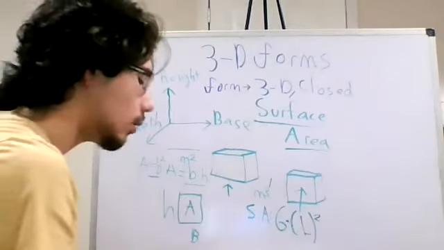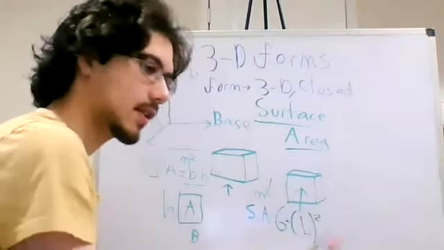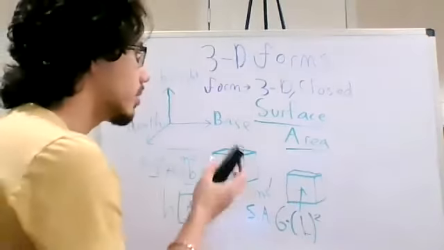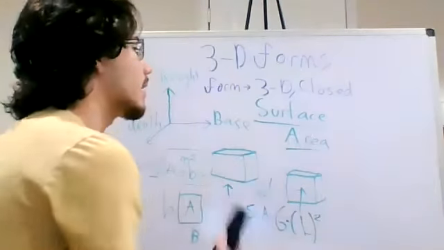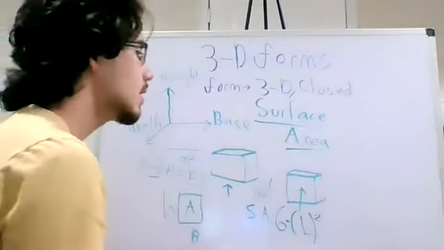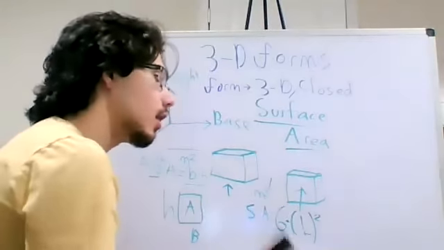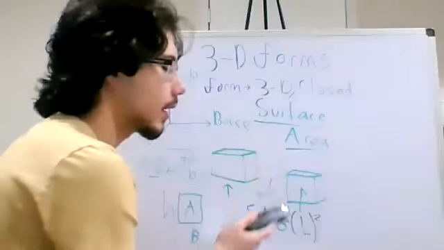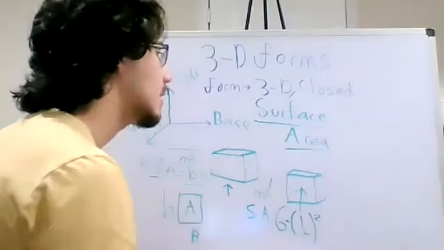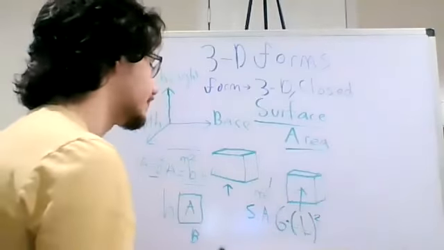So what we needed to solve this problem was an understanding of what surface area is. We know what area is, and we know that it's on the surface. So we can get the idea that all we need to do is find the area of all the shapes on the surface of the form, and then add all the areas together, and that will be the surface area.